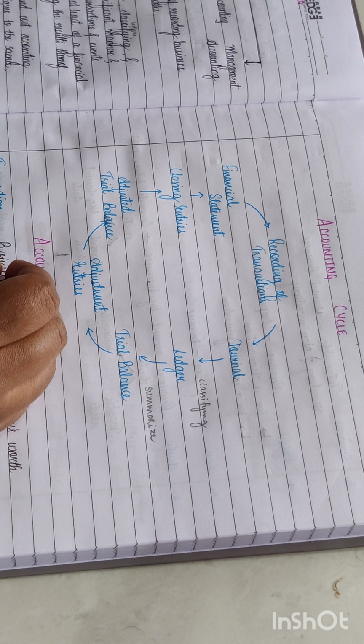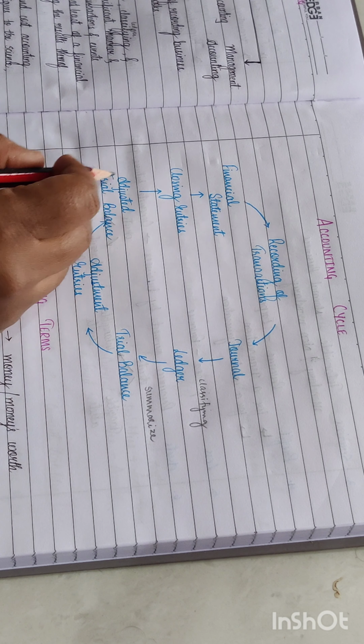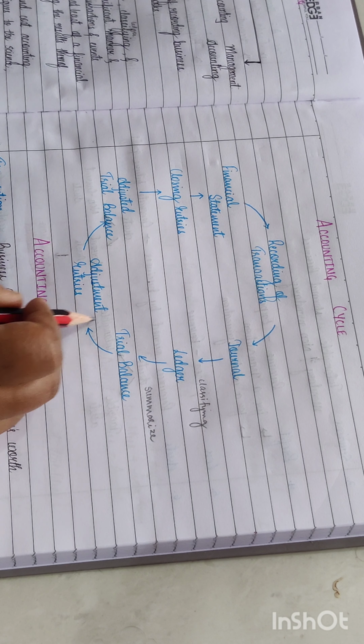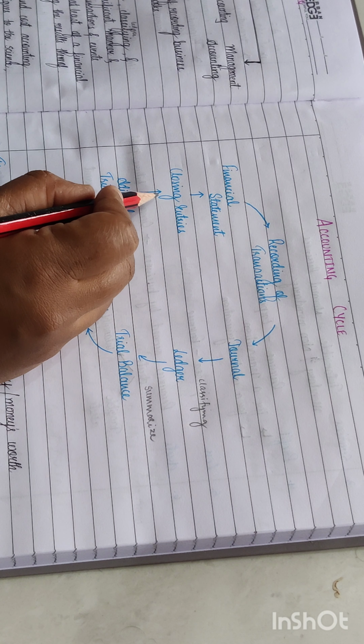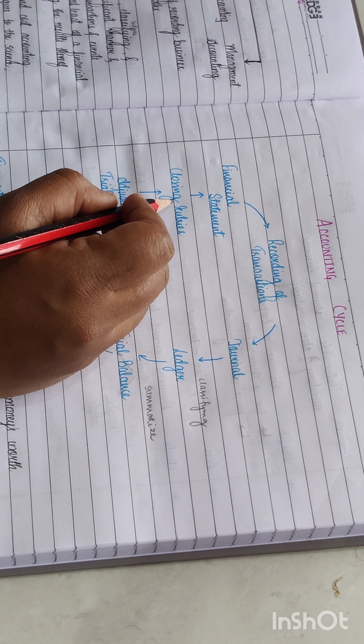If we need to do any adjustment entries, we have to pass them and then prepare the adjusted trial balance.